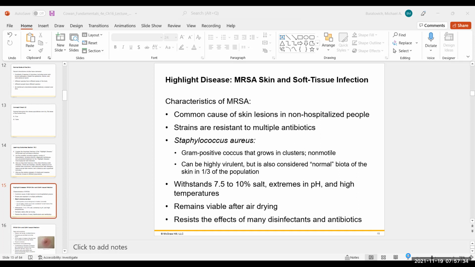What these exfoliative toxins do is they cleave the connections between the epidermis and the dermis.